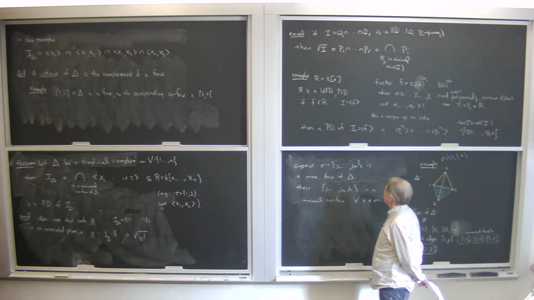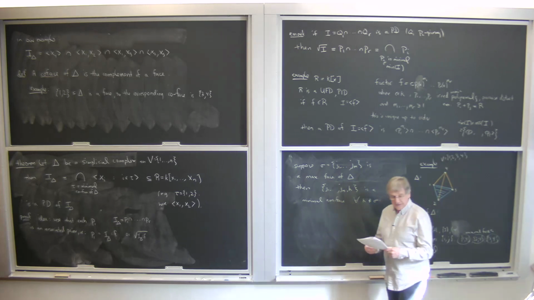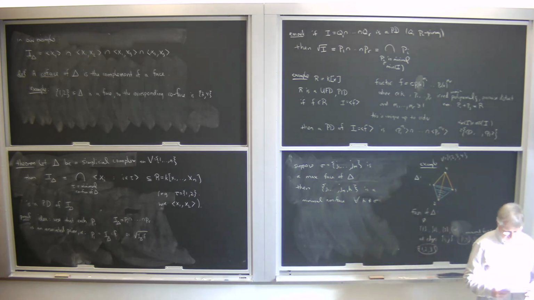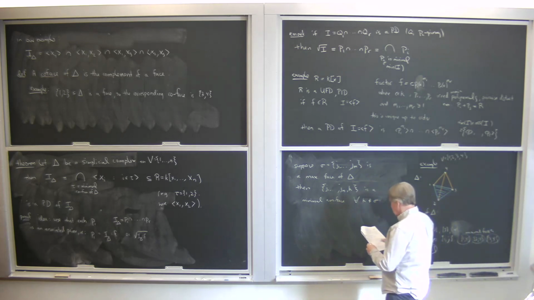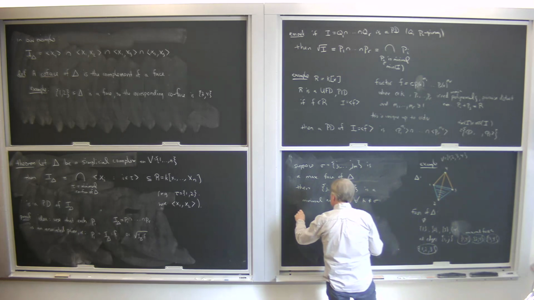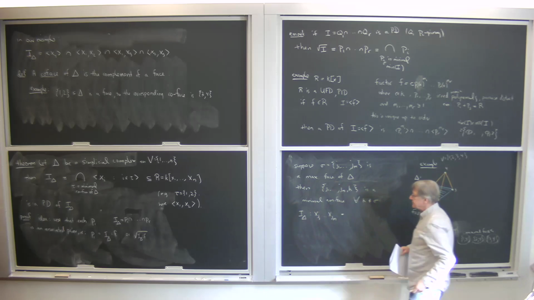And actually, is it a minimal non-face? The non-face, at least. Well, in any case, let's see if it matters. So I delta colon x_{j1} to x_{jm} is equal to what?